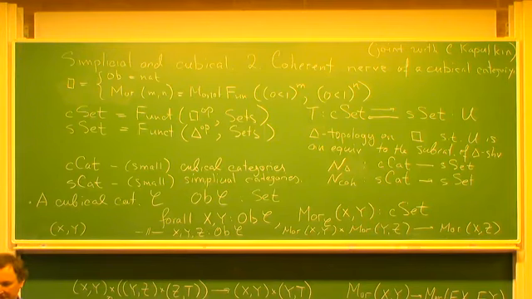Because when I define a nerve of a category, it's a simplicial set whose set of vertices is the set of objects of the category, but the collection of objects of the category is not a set. So I get a difficulty, and it's not very clear what is the best way of solving it.